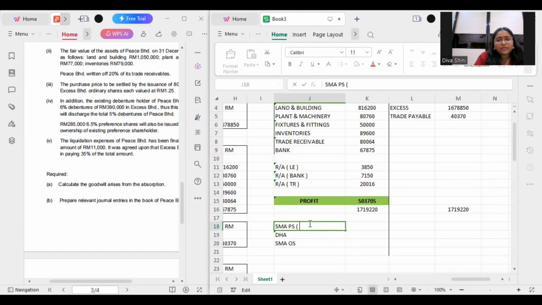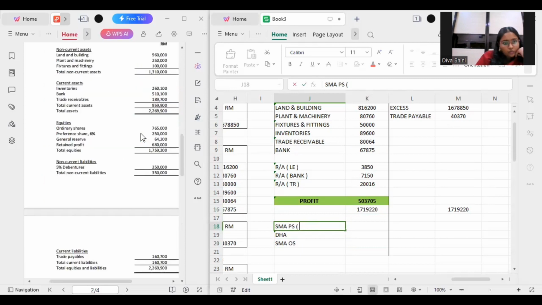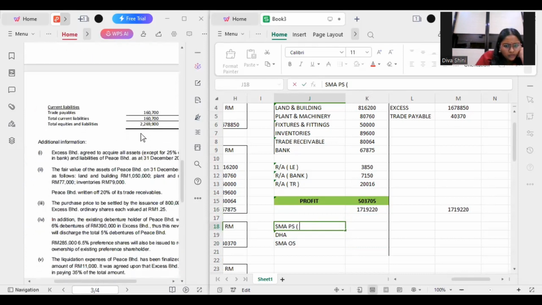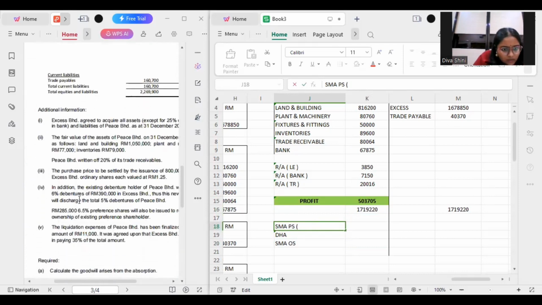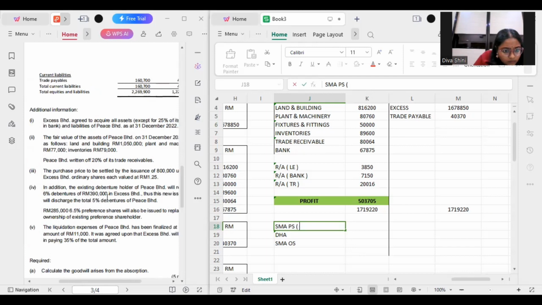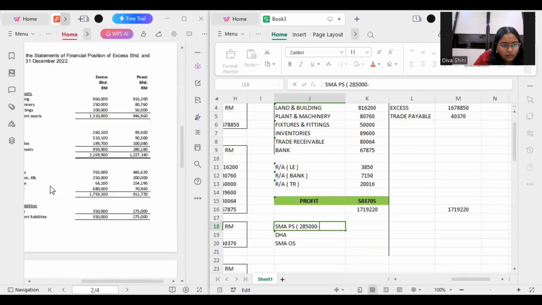So SME PS we need to calculate: SME PS is new amount minus old amount. The new amount is the additional, so SME PS new amount 285,123 minus the old amount, the differential is 200.